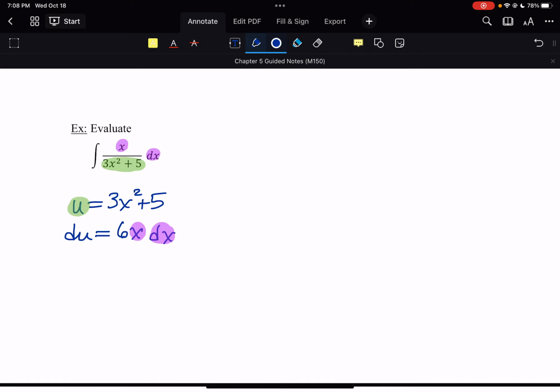So what we can do, because this is just a constant, is divide it over to the other side. So we get 1/6 du equals x dx. And now that gives us a direct replacement. So x dx will be replaced by the 1/6 du.